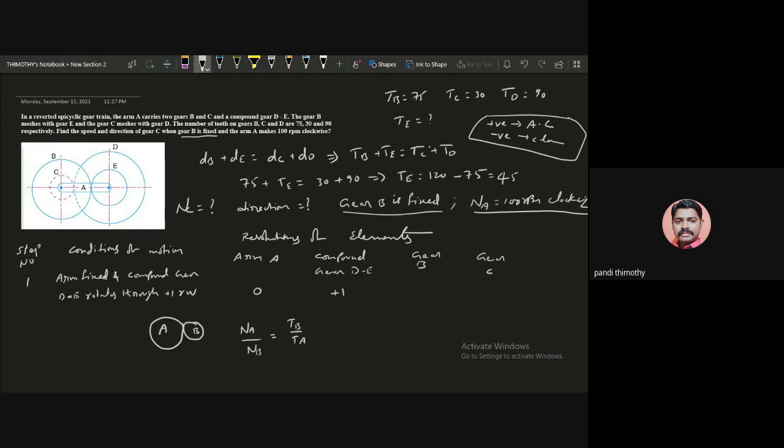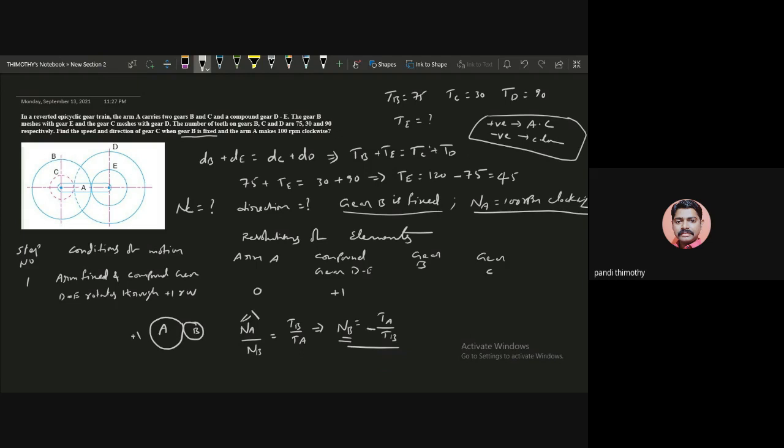For example, if NA rotates through +1 revolution, if I substitute 1, then NB is equal to TA by TB. So if A rotates through +1 revolution, the rotation of B will be the number of teeth on its mating gear, that is TA by TB, with a negative direction.